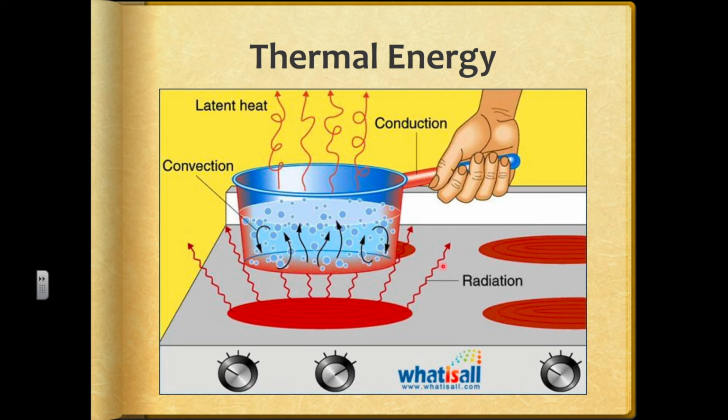Now, thermal energy is also where we want to look. There are 3 different types of that one. That's the radiation. That comes from like the light of an electric stove. You see how it heats up. It turns red. You can also feel the heat coming off of it. That's radiation. The convection is symbolized by the arrows right here with the swirling of the arrows.